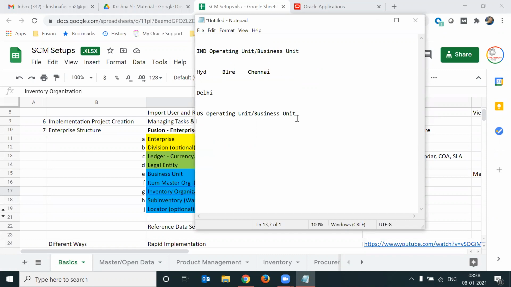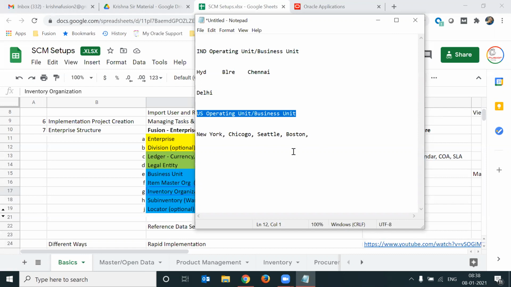And then if you take US, US also has New York, Chicago, Seattle or Boston. So simply the inventory organizations are nothing but cities or states, and a business unit is nothing but a country.